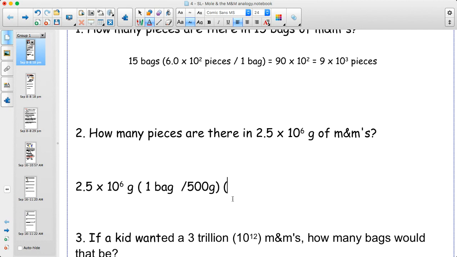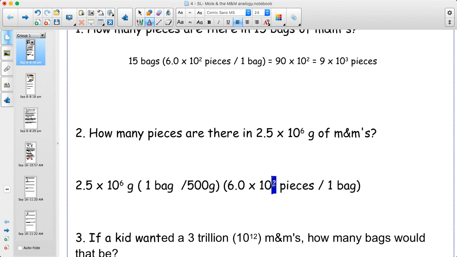And then if I want to just keep going and do all of my conversions at once, I can do that. I've got 600 pieces per one bag. And so now I have successfully canceled grams in the first conversion factor, and then I've canceled bags in the second conversion factor.